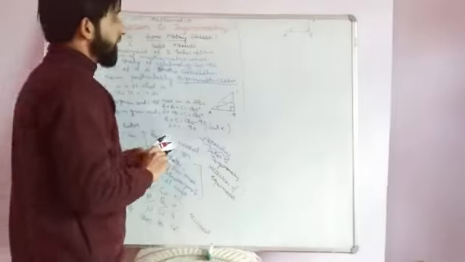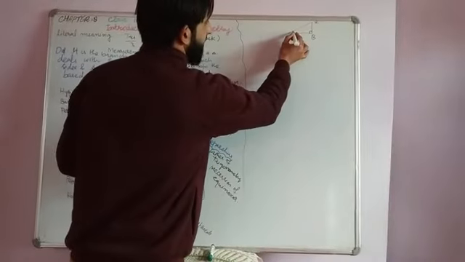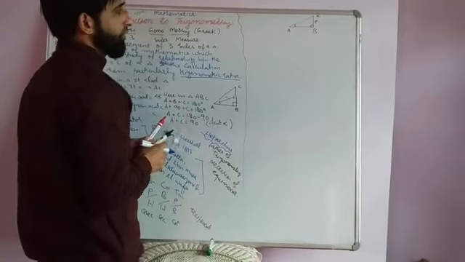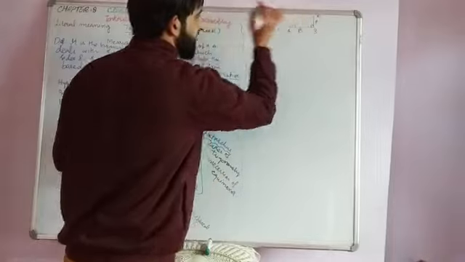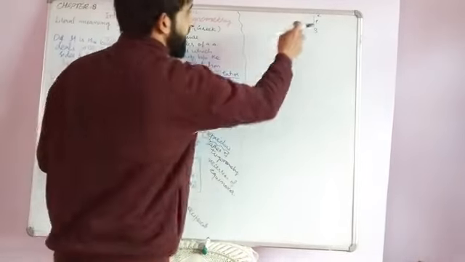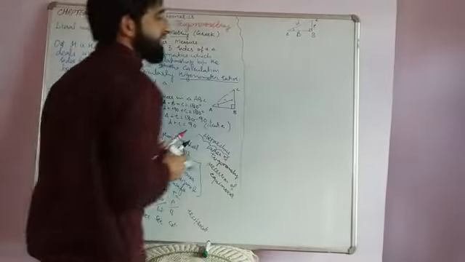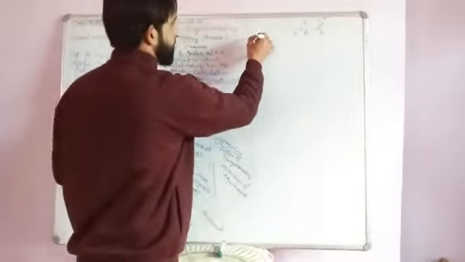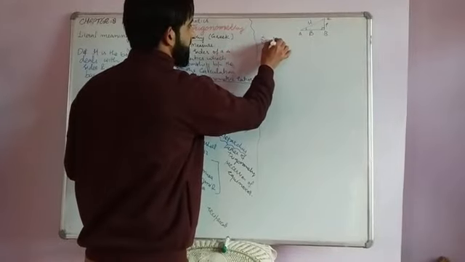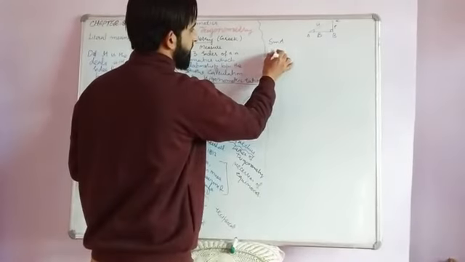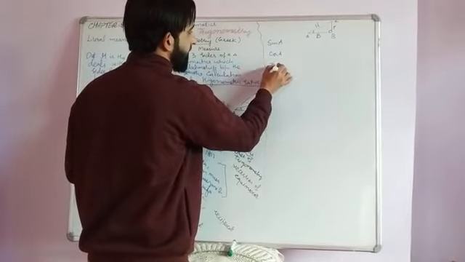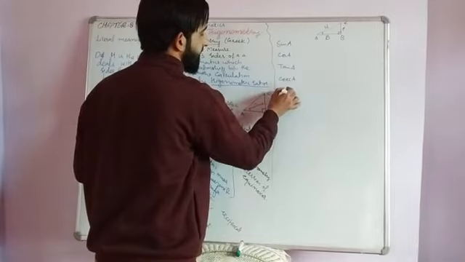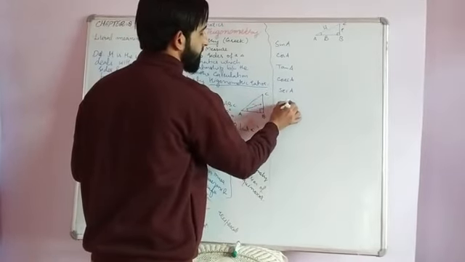So, BC becomes the perpendicular as it is the side opposite to the given acute angle, AB becomes the base as it is the side adjacent to the given acute angle, and AC becomes the hypotenuse as it is the side opposite to the right angle. Now, we have to calculate 6 trigonometric ratios: sine A, cos A, tan A, cosec A, sec A, and cot A.